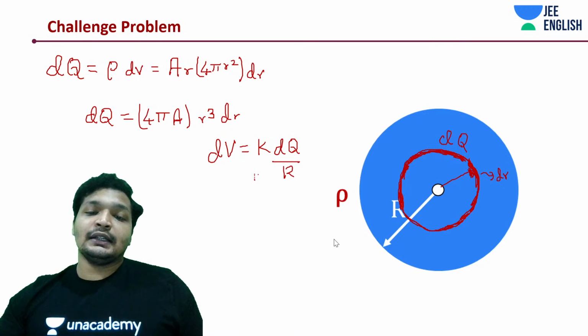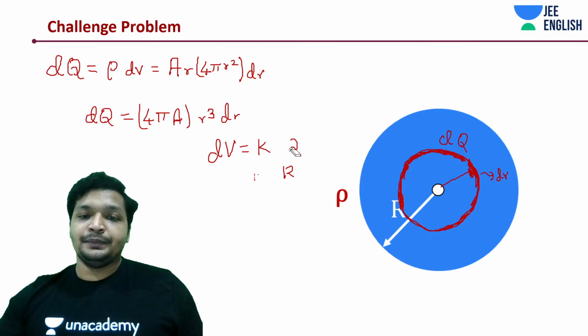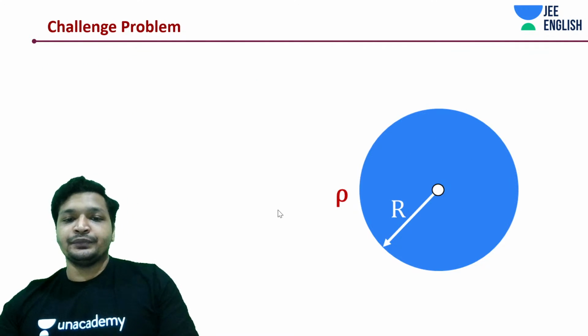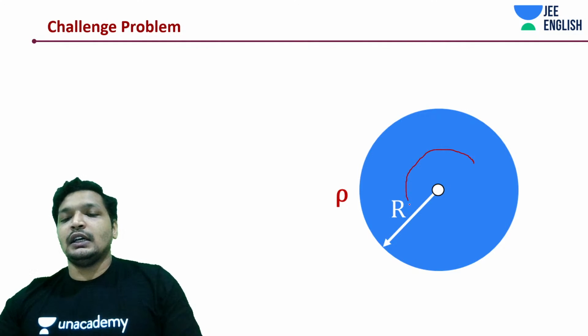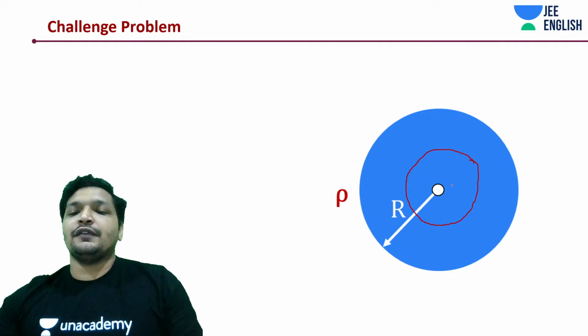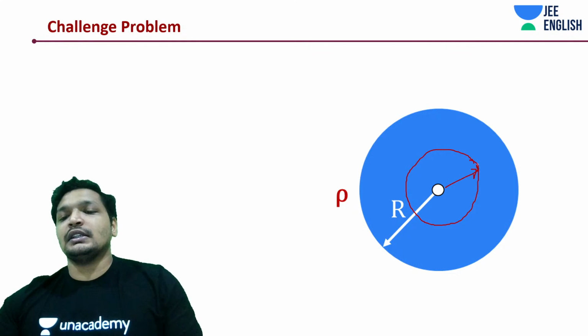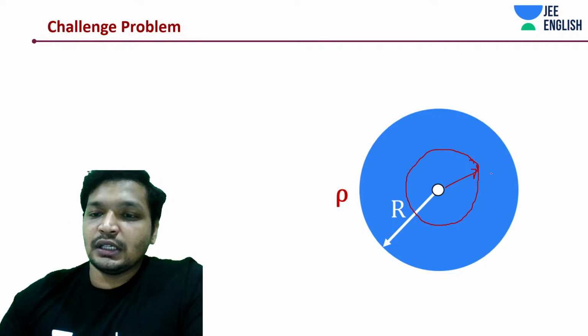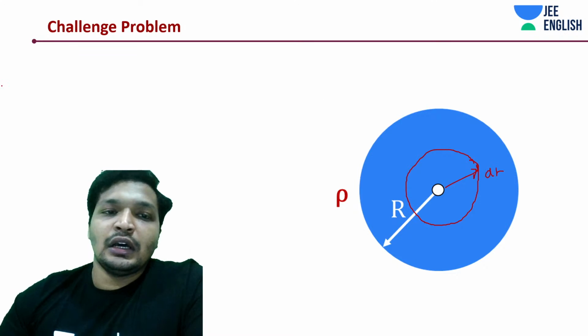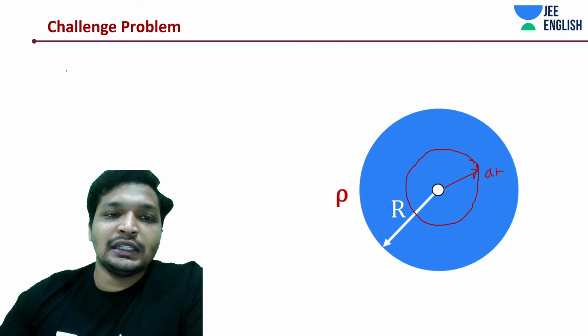Okay, let me correct it. I'll write it down on the next page. Okay. We have a shell at a distance r from the center with thickness dr. These things are clear to us. Now what we had was the dq value.